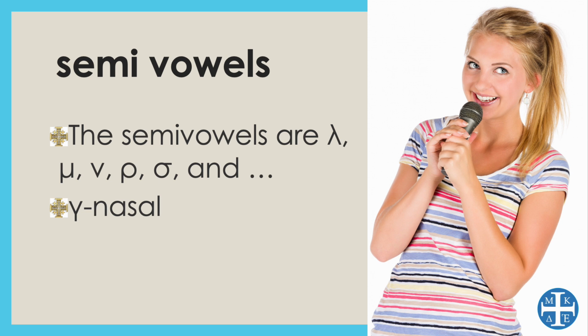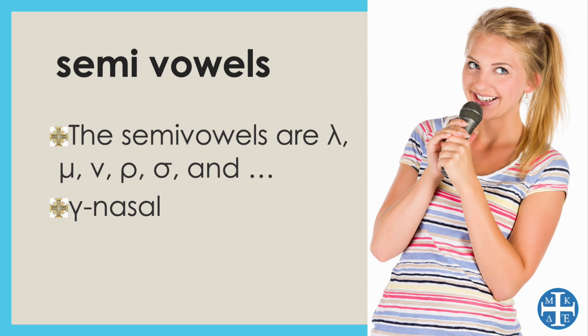The semivowels in Koine Greek are lambda, mu, nu, rho, and sigma. And we also have the gamma nasal. I've covered this in another video, but that's where the gamma goes with another consonant, and where the pair go together, the first gamma is pronounced with an N sound.